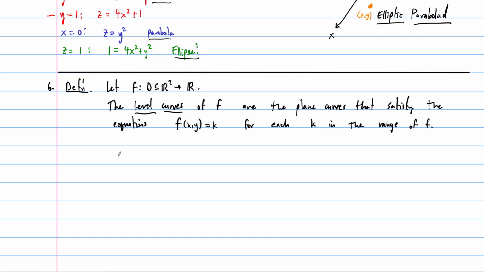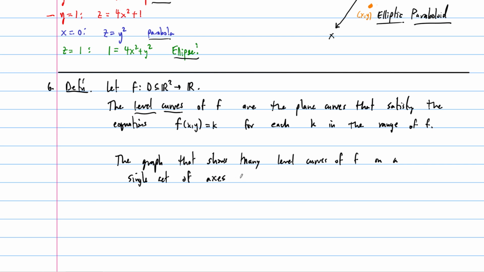The graph that shows a number of level curves of f on a single set of axes is called a contour map of f.